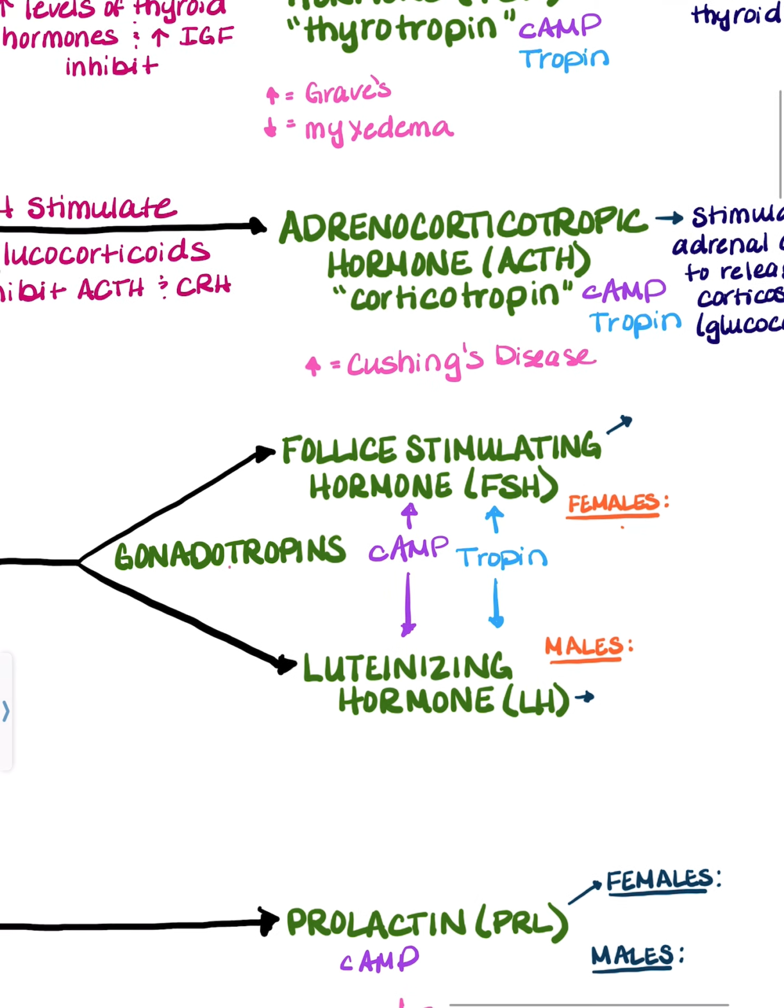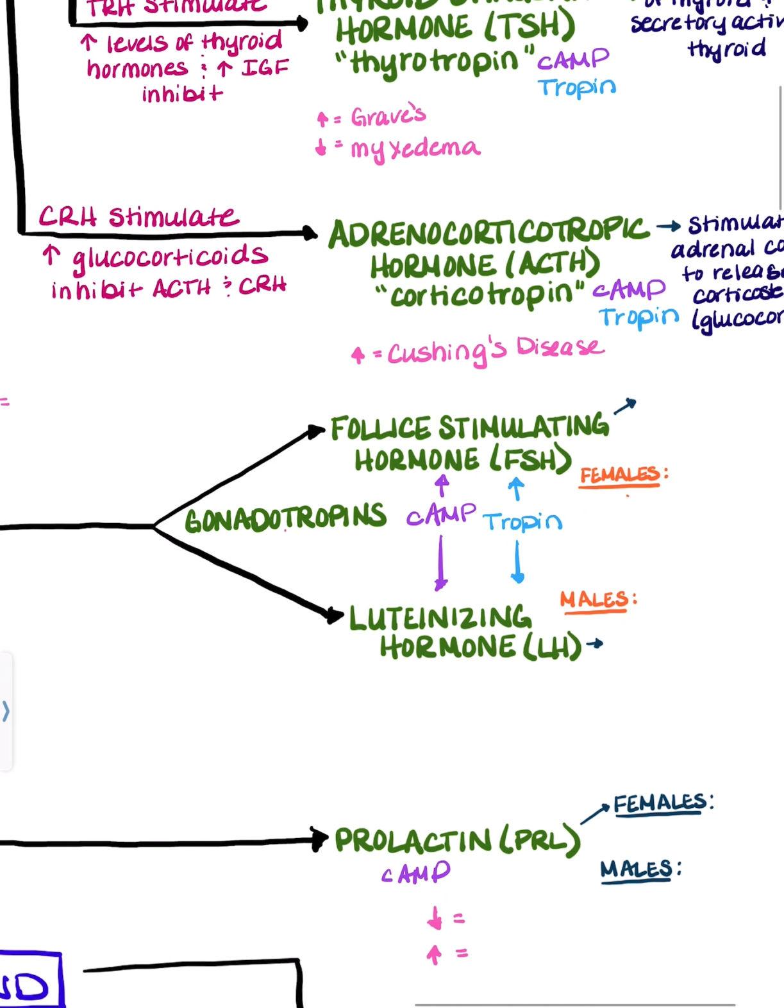Okay, the fourth and fifth hormones released by the anterior pituitary gland would be your follicle stimulating hormone, or FSH, and your luteinizing hormone, LH. We lump these together and collectively refer to them as gonadotropins. These are going to work at your ovaries and testes to help regulate their function. Let's talk about FSH first.